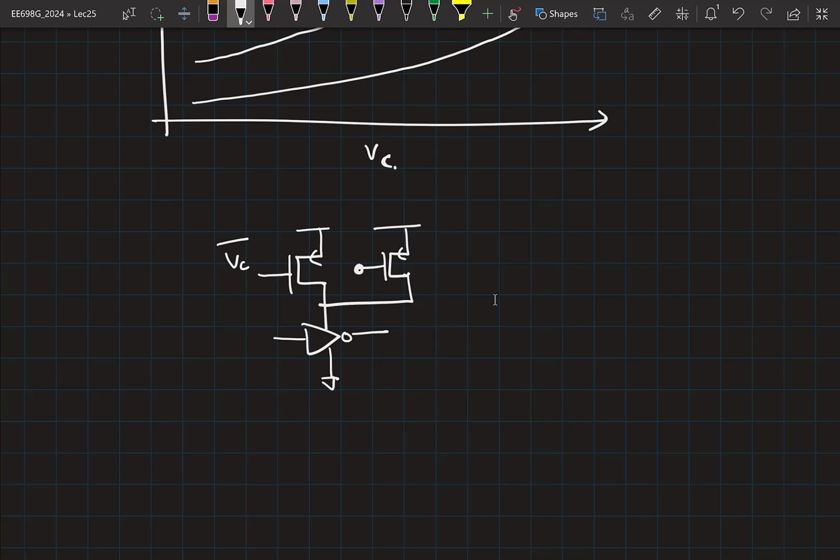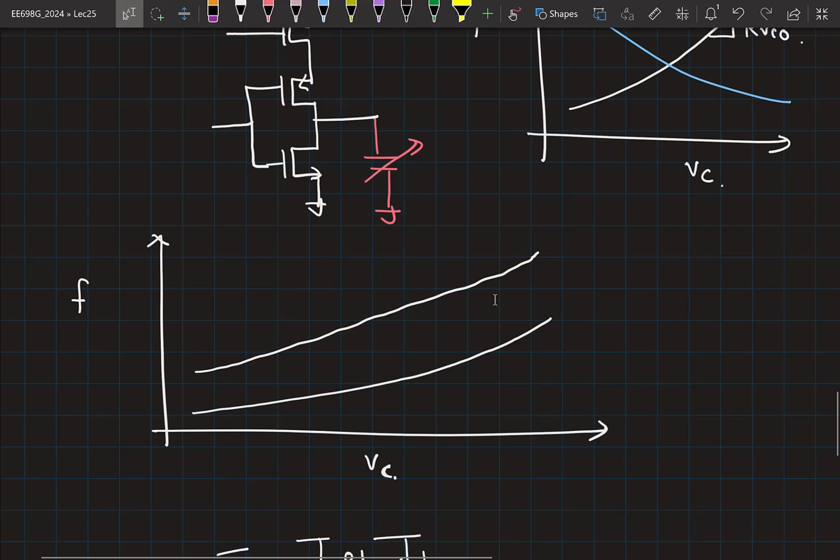So this is either 0 or 1, meaning it's either VDD or ground. So now if this is 0, which means you have more current flowing through this. The current available for charging is higher. It is constant, plus through VC you have a tuning. So this way you can get bands of tuning ranges like this.